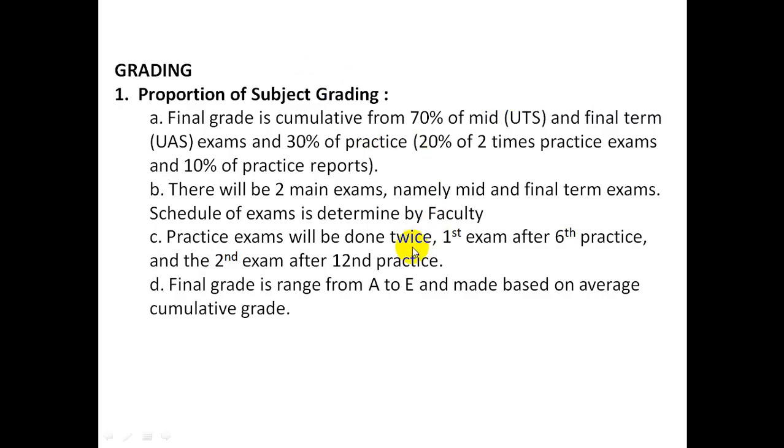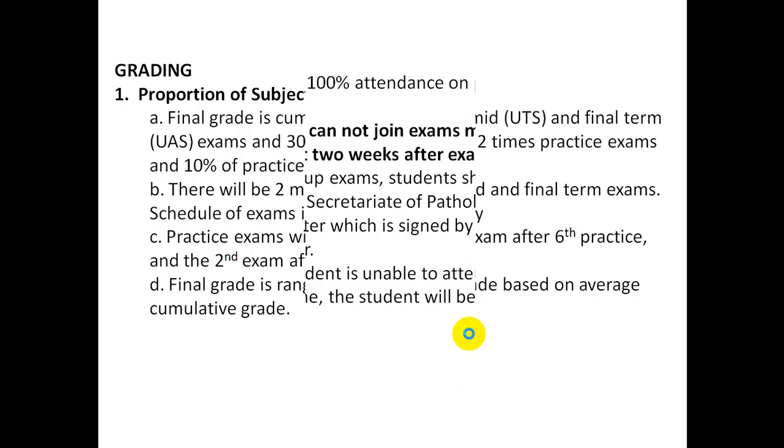Practice exams will be done twice this semester: first at week 7 after the 6th practice, and then at week 13. The final grade ranges from A to E, and it will be made based on the average class grade.